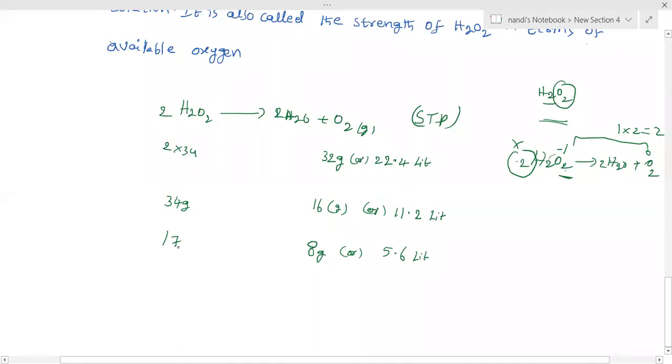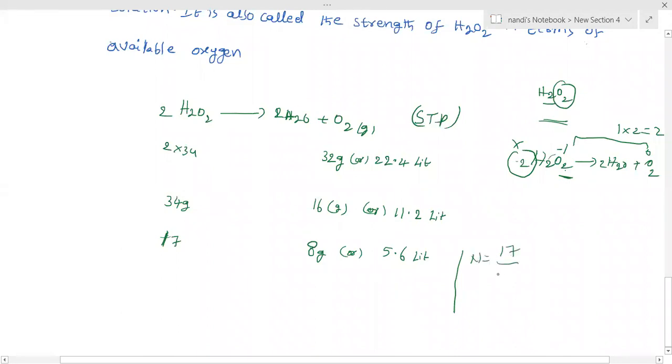Can I say that word? All these H2O2 I am taking, which is on the left side, dissolve in 1 liter of solution, keep in mind. Suppose 17 grams I am taking dissolving in 1 liter, then I can calculate molarity, normality, everything. Normality equals 17 grams.